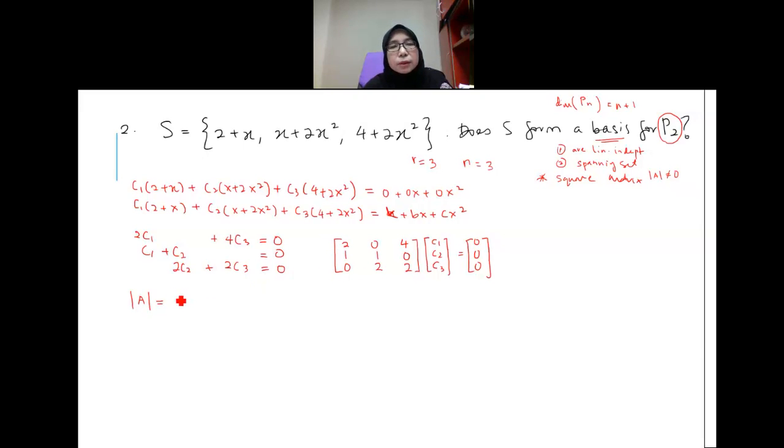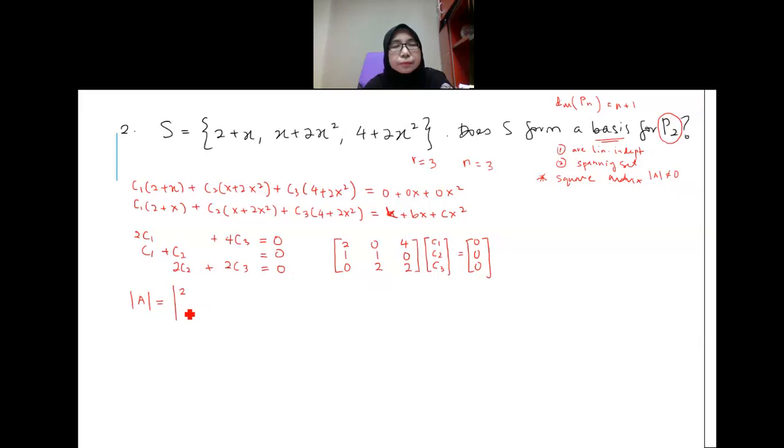There are many techniques to find the determinant of a 3 by 3. You can use Sarrus, you can use arrow. Here let me just use Sarrus.